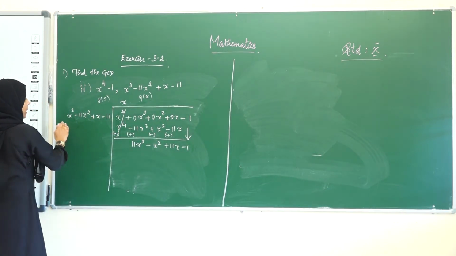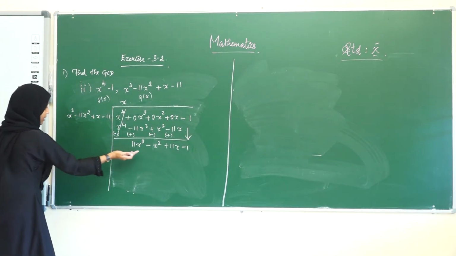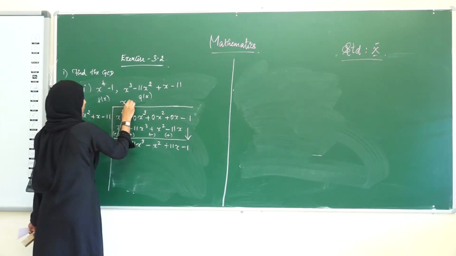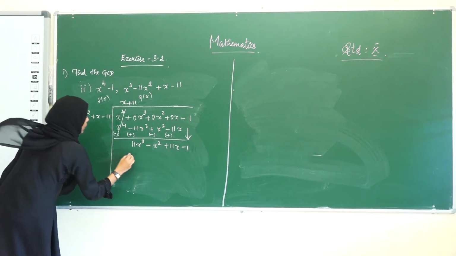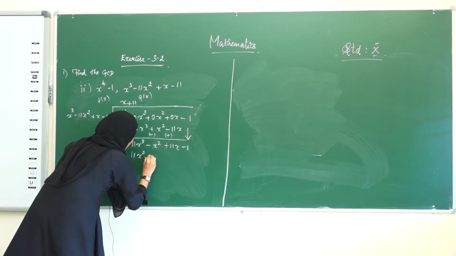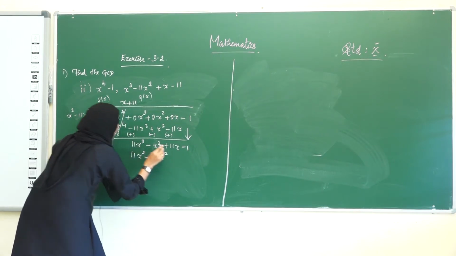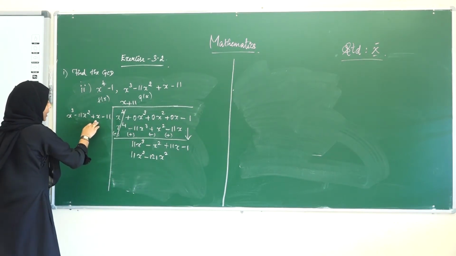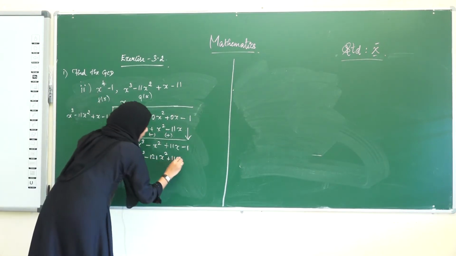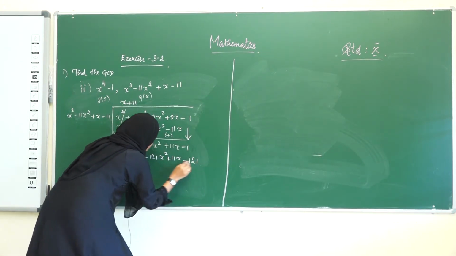So consider these first two terms. Here it is 11x cube and here it is x cube. So on multiplying this term with 11, what we get? 11x cube. 11 into minus 11x square is minus 121x square. 11 into x is plus 11x, and then minus 11 into plus 11 is minus 121.